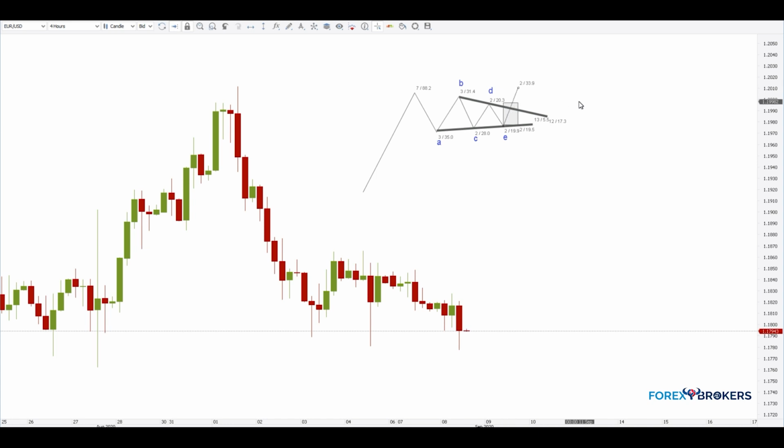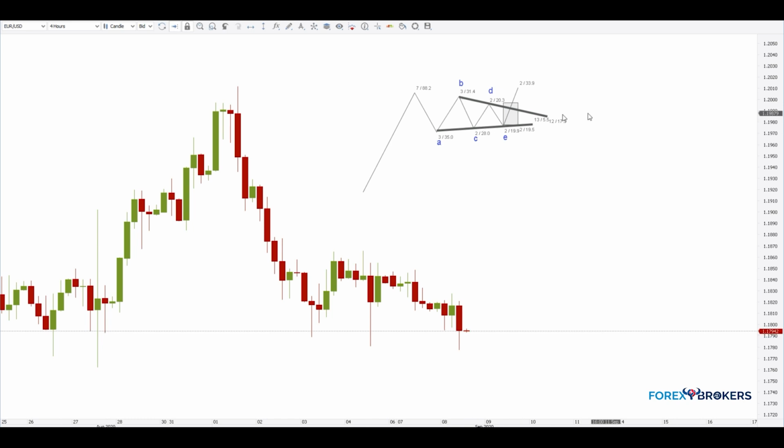This rule, and this is why we started with this rule, applies to all contracting triangles. This rule applies even to expanding triangles. Imagine an expanding triangle. In an expanding triangle, the B to D trend line and the A and C trend line will part.